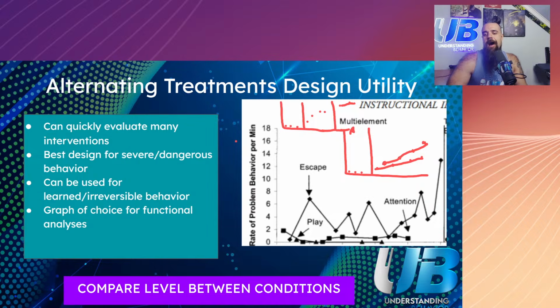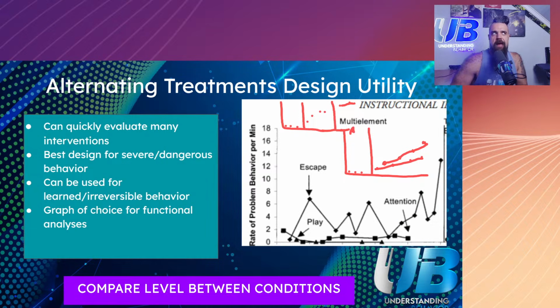It's pretty much a 99.9% rule. If you see conditions like escape, attention, play, ignore, all that jazz, 99.9% of the time it's going to be multi-element. So pretty safe run through on those.